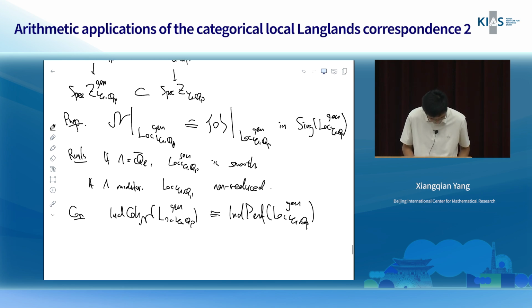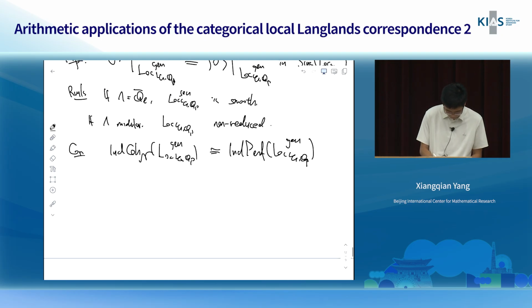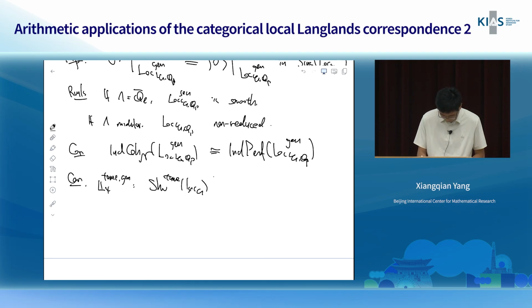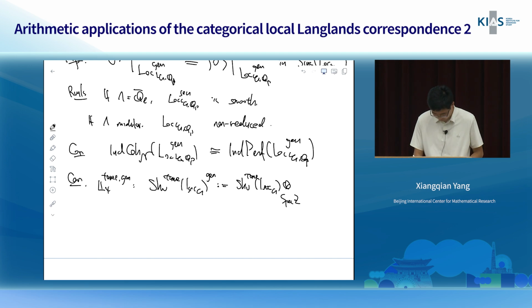And so now we can get another corollary. If you have this L psi tame, we can take its generic part, which is by definition this category localized at spec Z tame generic.